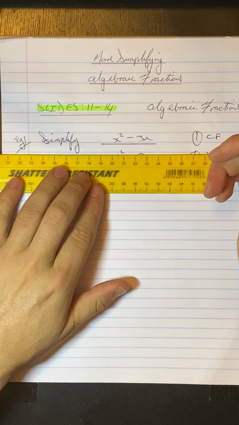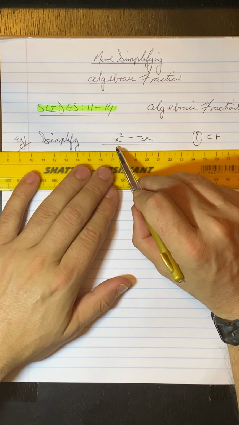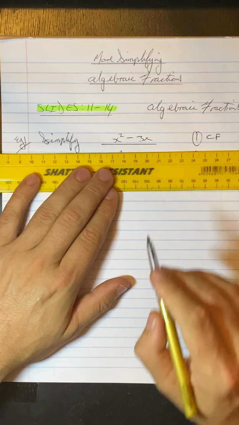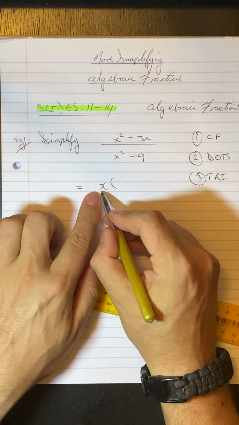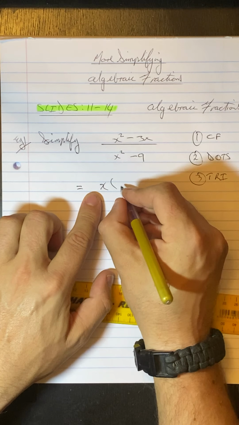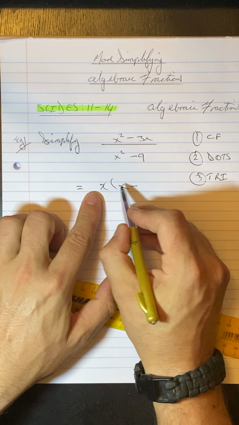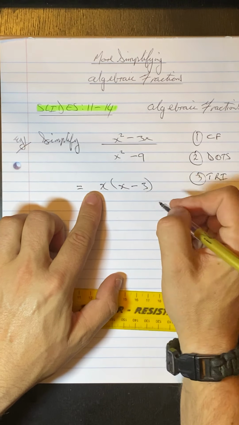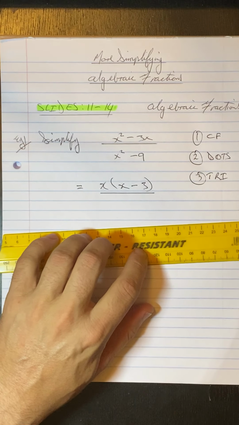So if I look at only the top, I can see that I have a common factor of x. Okay, so if I take out that common factor, x times what gives us the x squared? It's x. The minus, bring it down. X times what will give us 3x? It's 3. Okay. So that is the top one factorized.